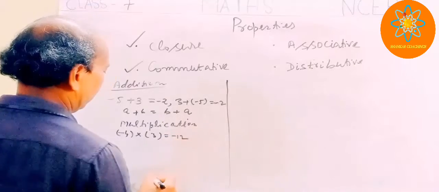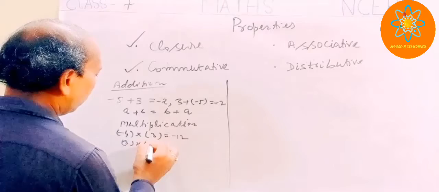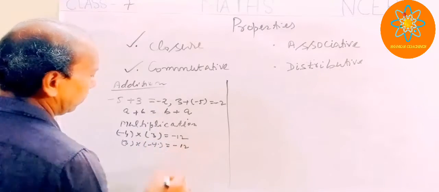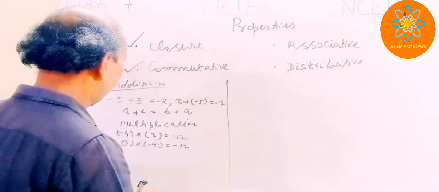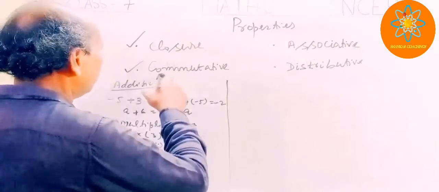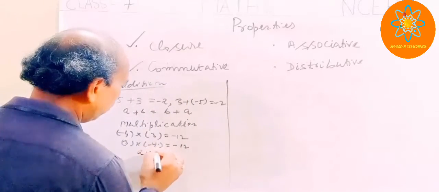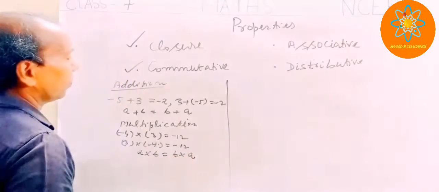Minus 12. And 3 into minus 4 is also equal to minus 12. Since the closure property holds for multiplication, the commutative property is also true. That is, a into b is equal to b into a.